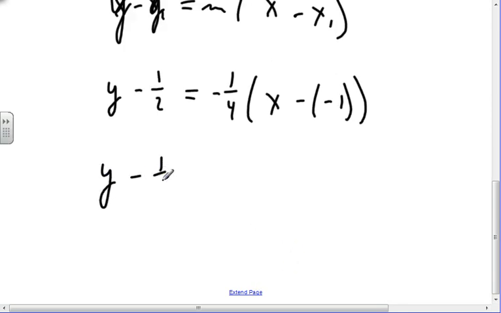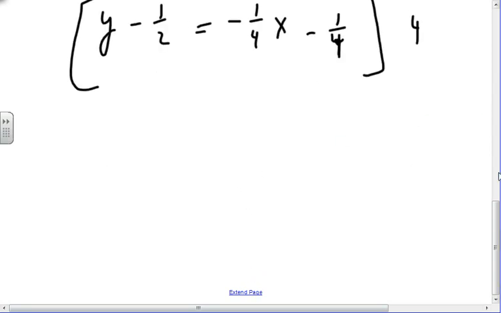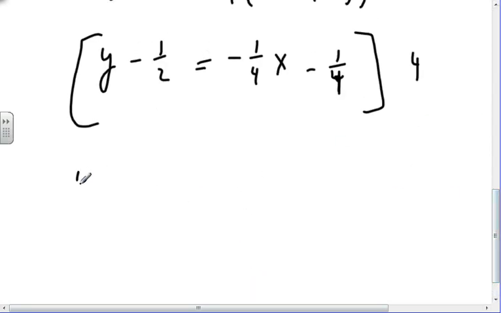Y minus 1/2 equals minus 1/4 x plus 1/4. I would multiply everything by 4, so I get rid of quarters, and so I got 4y plus x is equal to, okay, this is minus 1, this is minus 2, which makes this a plus 1.